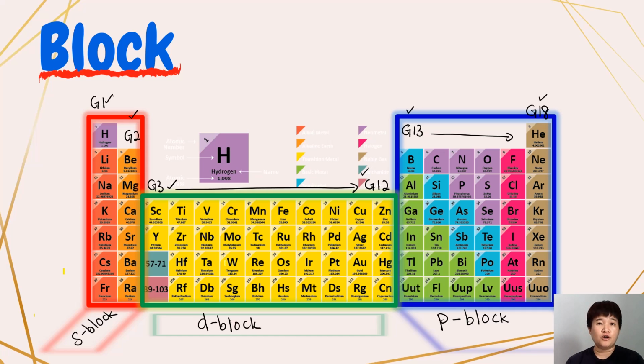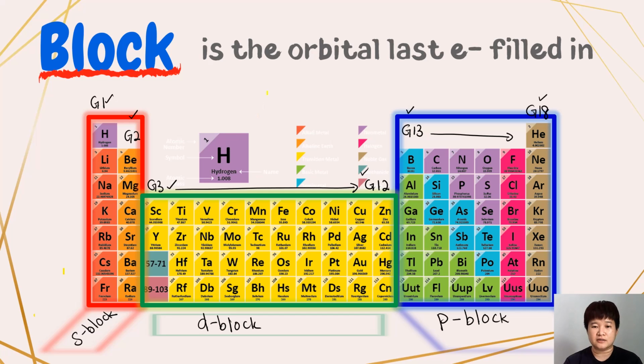But how do we know the block of an element by using electronic configuration? Simple. When you write the electronic configuration, the last electron goes into the last orbital, and that orbital will be the block of your element. For example, a very simple example, carbon.